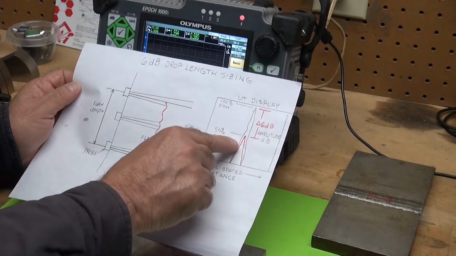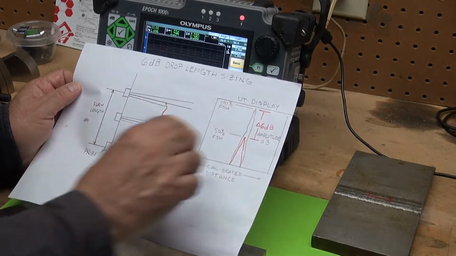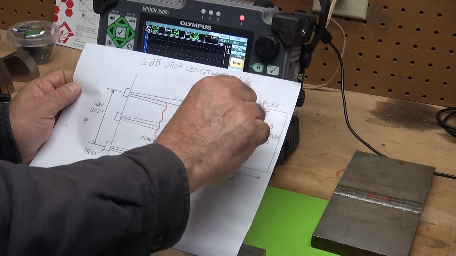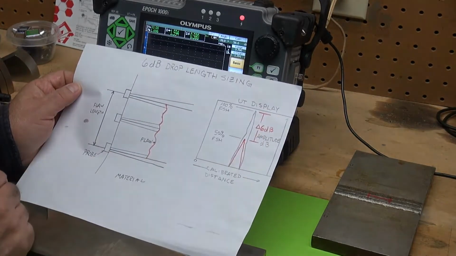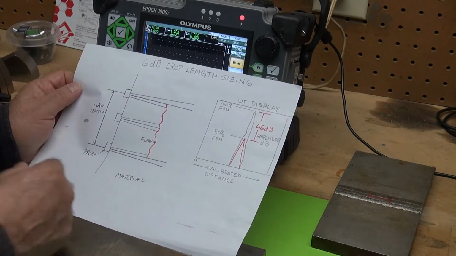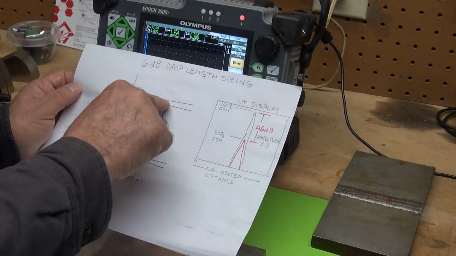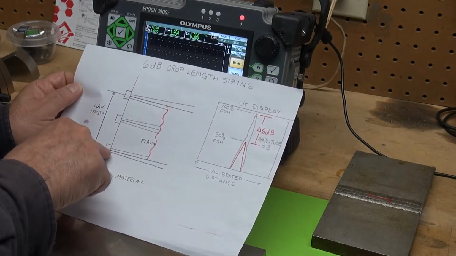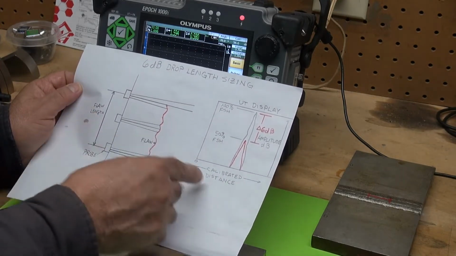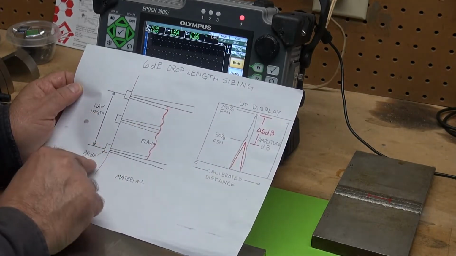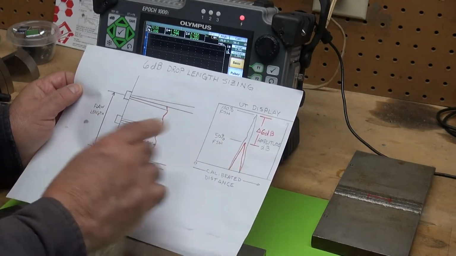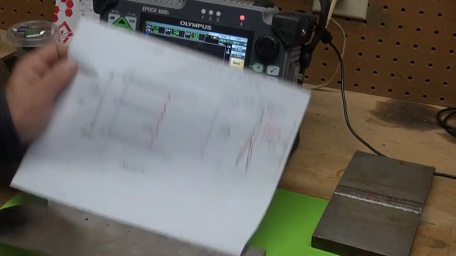That is called 6 dB. That distance halfway down is a 6 dB drop. What we would do, we would mark the transducer here. That would mark this end of the defect. And when we go on the other end, we would do the same thing when the signal drops down to 50% of the signal, or a 6 dB drop.